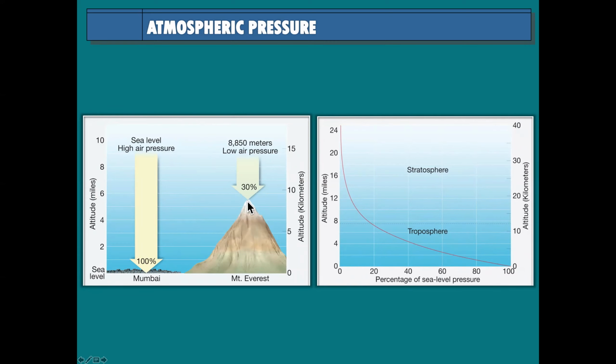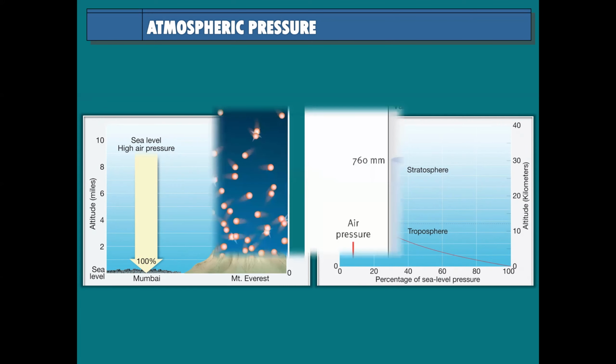And again, just as mentioned earlier, pressure decreases quite rapidly as you climb in altitude. The atmosphere is very dense at the bottom and very thin at the top. And even that entirety of the atmosphere itself is quite thin in comparison to the entirety of the volume of the Earth, this big giant sphere that we live in.